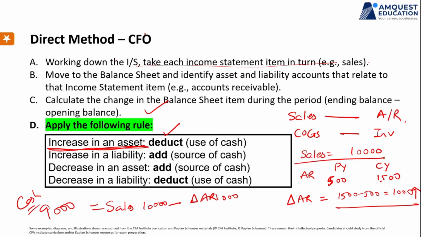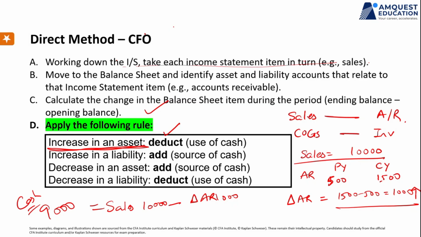So you have established a relationship between sales or revenue and account receivable. And by establishing this relationship, you have estimated the cash. So this way, there are many relationships or equations linked to each other. This could also be linked to payables.